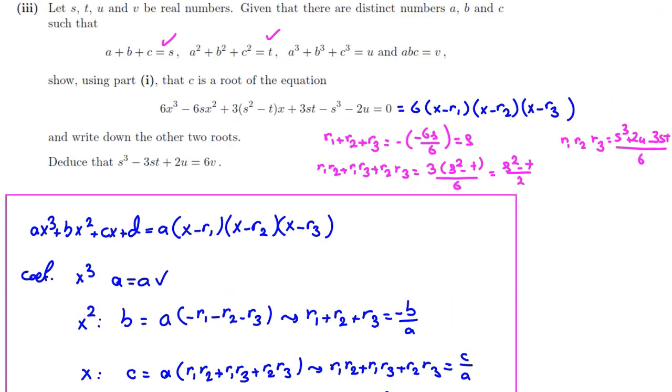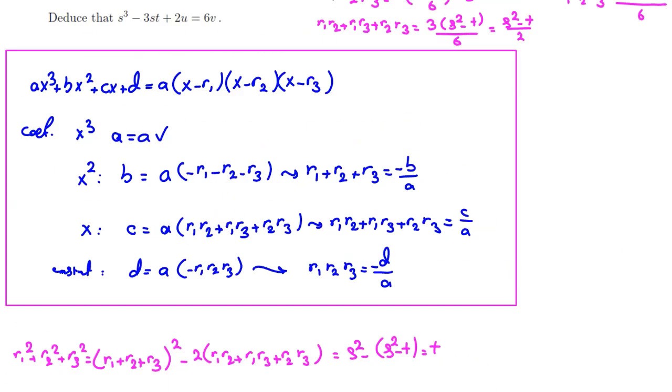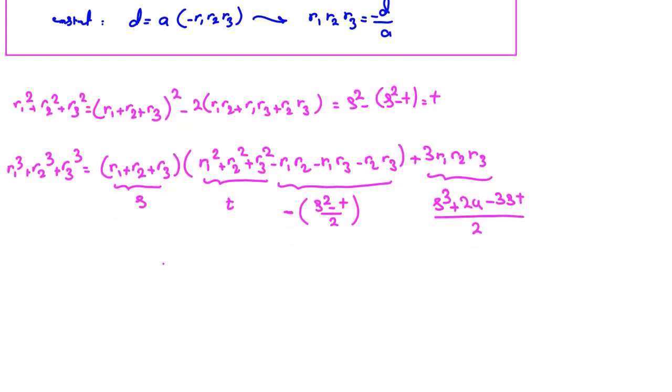3 r1 r2 r3 is what? It is s cubed plus 2u minus 3st over 6, times 3 over 2. Okay, so it will be st minus s times s squared minus t over 2, plus s cubed plus 2u minus 3st, all over 2.